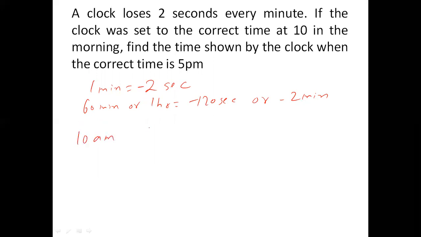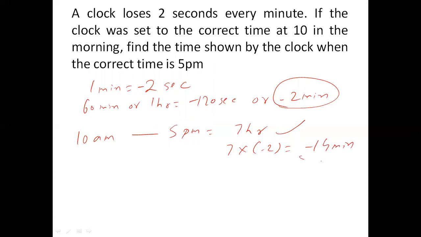Find the time shown by the clock when the correct time is 5 p.m. From 10 a.m. to 5 p.m. we have 7 hours. For 1 hour we get minus 2 minutes. For 7 hours we'll get 7 into minus 2, minus 14 minutes. That means at 5 p.m. it will show 14 minutes slow, that is 4:46 p.m. This is your losing concept.